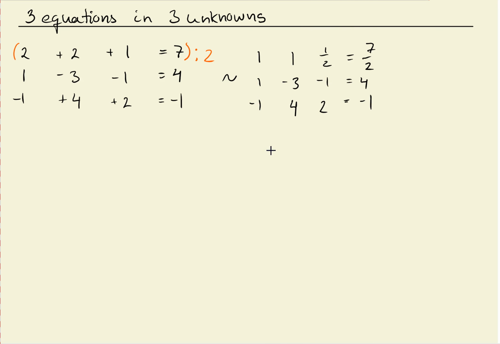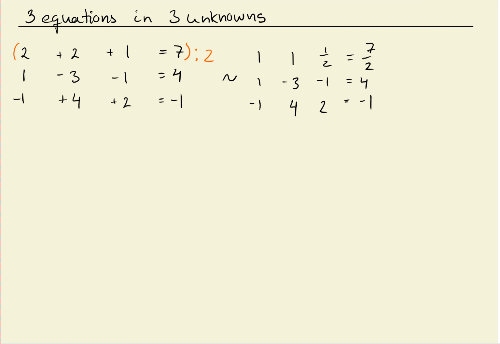So the next step is now to multiply this row by some number and then subtract the thus transformed row from this row down here in order to provide a 0 here in the first column. And in this case there's a 1 here and a 1 here, so all I need to do is subtract this first equation or row from this second equation or row.